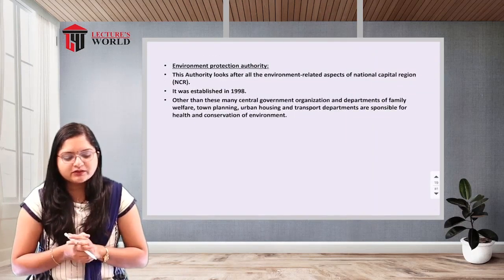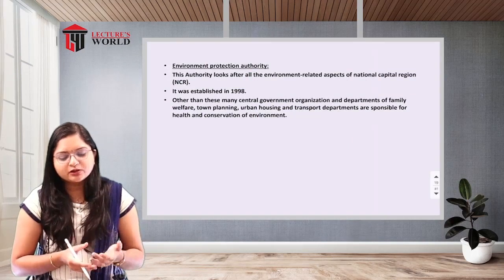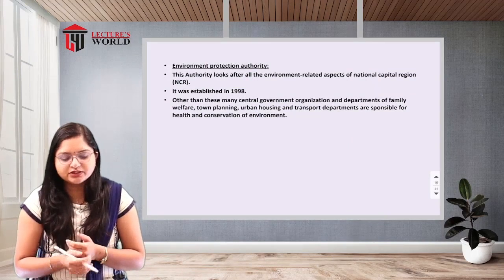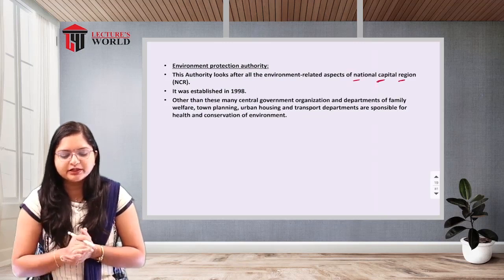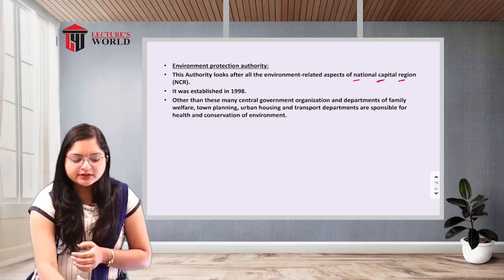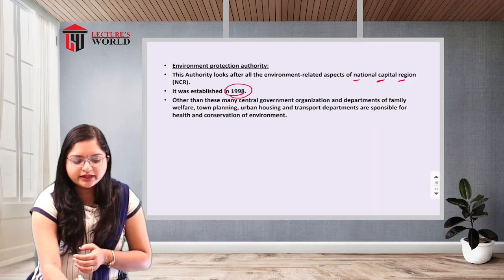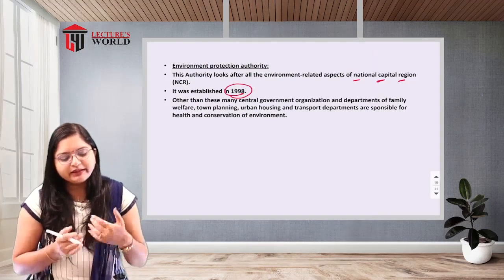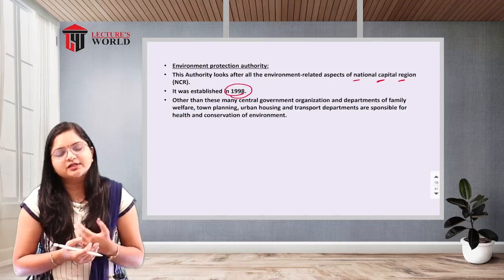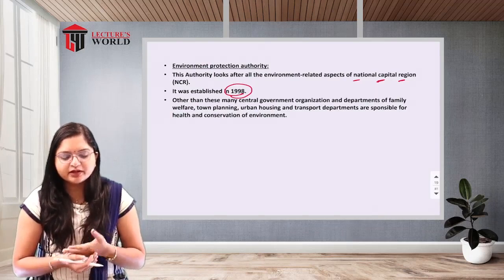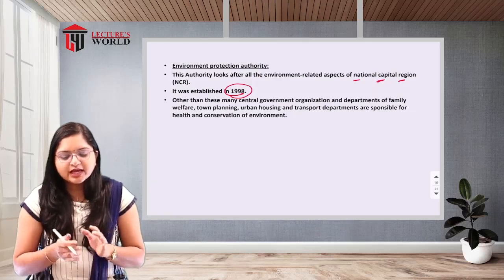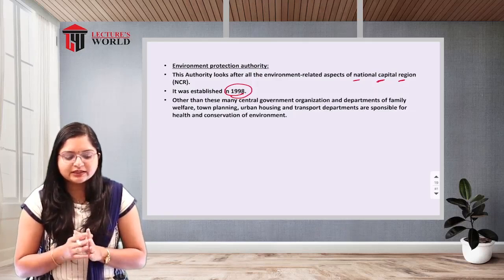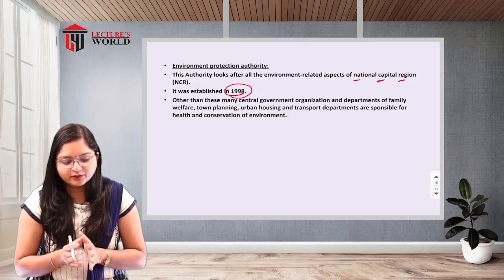This authority looks after the environment related aspects of the National Capital Region, known as NCR, and that was established in 1998. Other than these, many central government organizations and departments of family welfare, town planning, urban housing and transport are responsible for the health and conservation of environment.